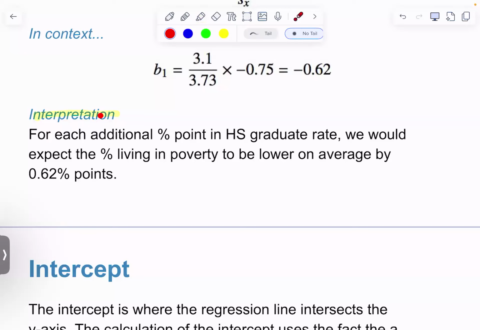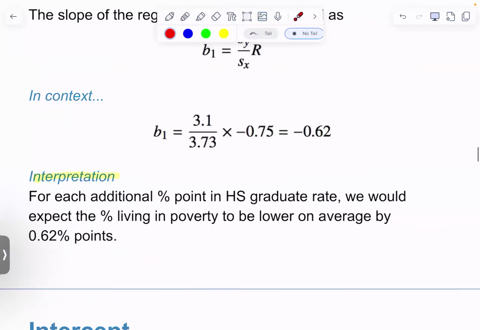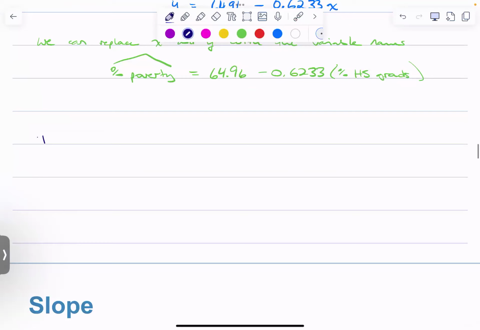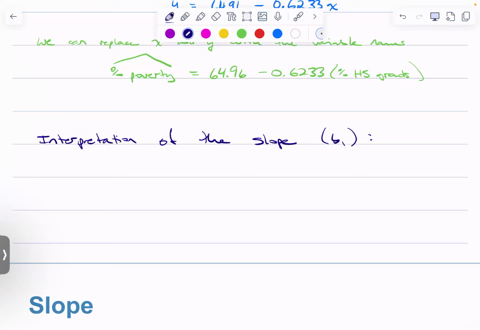Let's talk about the general interpretation first. I'll do it up here. The interpretation of the slope, b1. What you're going to do is remember the interpretation of any slope, but then apply the appropriate variable names and numbers to your slope.